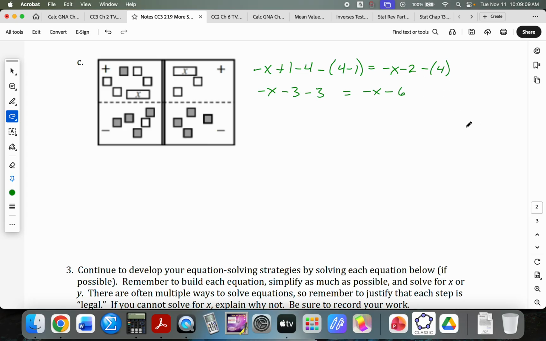Negative 6. So, like for the 4, you flip it, right? Right, this would become plus a negative 4. So I've got negative x minus 6 equals negative x minus 6.